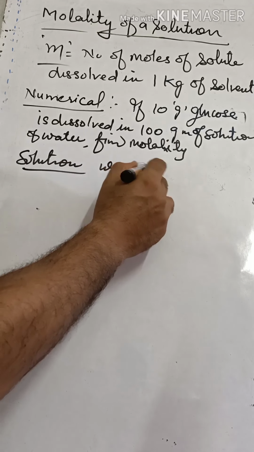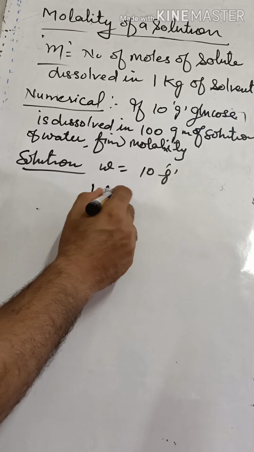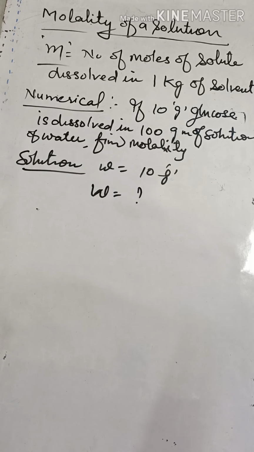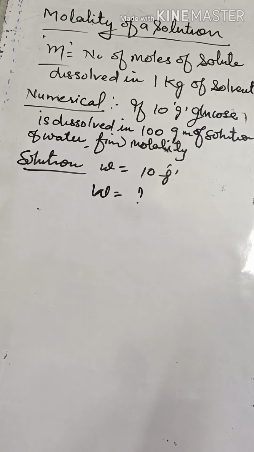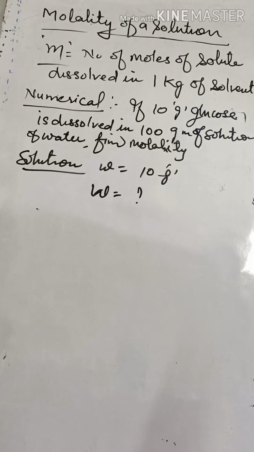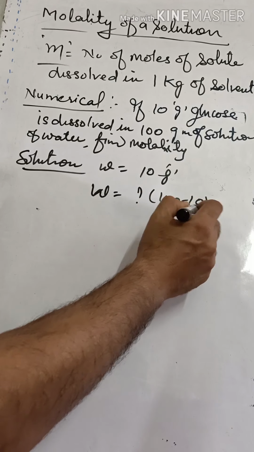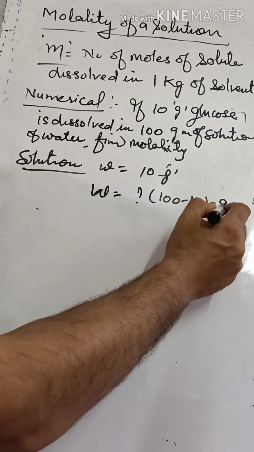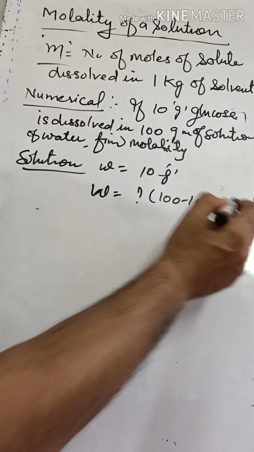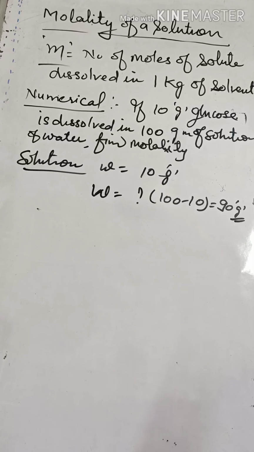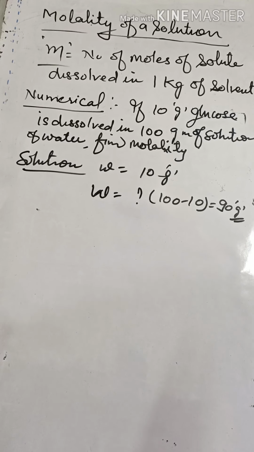Small w is 10 gram and capital W is the amount of solvent, not amount of solution. The amount of solution is given 100 gram. So what will be amount of solvent? That will be 100 minus 10, that is 90 gram. Amount of solvent will be 90 gram, remember.